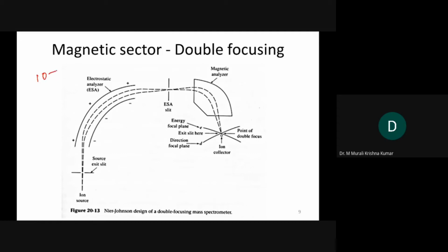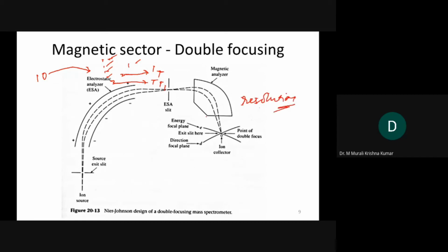When you send them through the magnetic sector, they are segregated into groups like 1, 1, 1, 1, 3, 2, 1. Then if we send these ions again through the second mass analyzer, the single ones remain single, and when you send the group of two or three into the second mass analyzer, these ions will also be resolved. In that way, double focusing increases resolution.